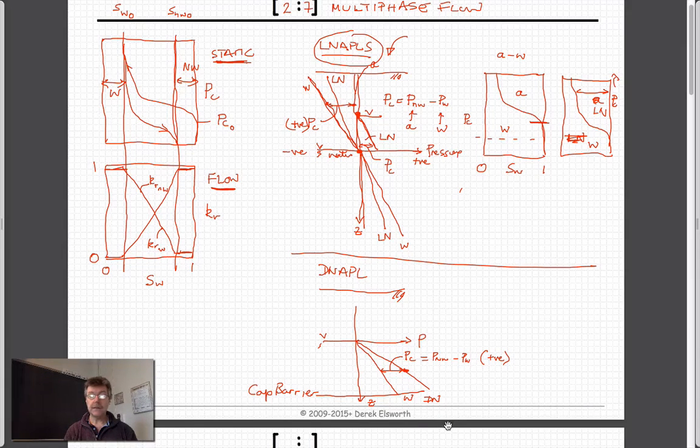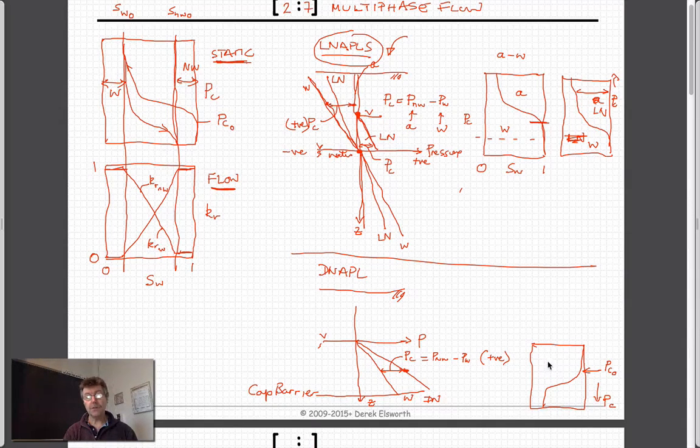And if we drew our curve for this, it's going to be this curve upside down. So let's see, I'm just going to flip it. This is PC0. This is increasing capillary pressure.